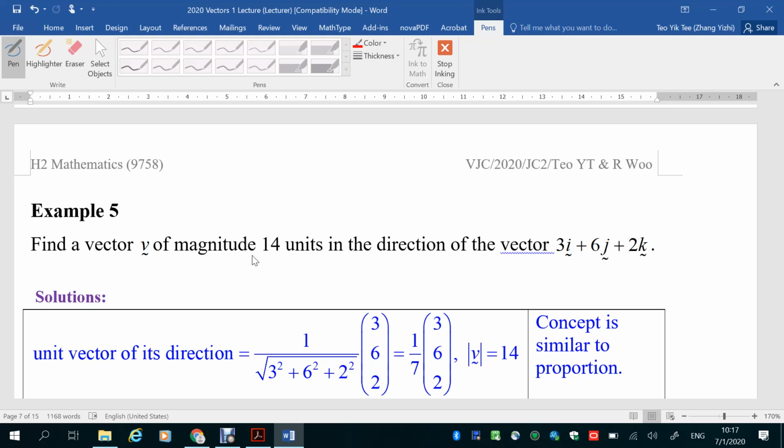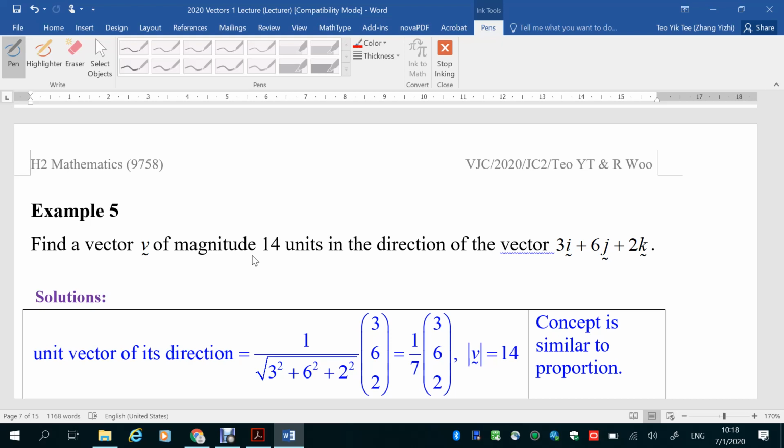The magnitude is actually how much? 7, right? If I divide by 7, it will give me length 1. So I have the vector in the direction of (3, 6, 2) but of length 1. So if I want length 14, times 14.